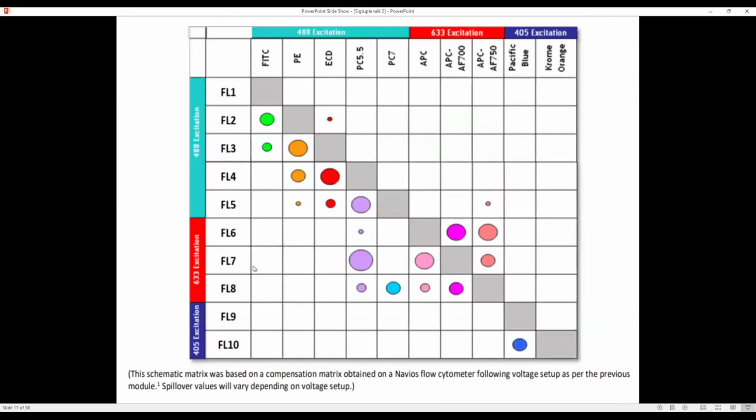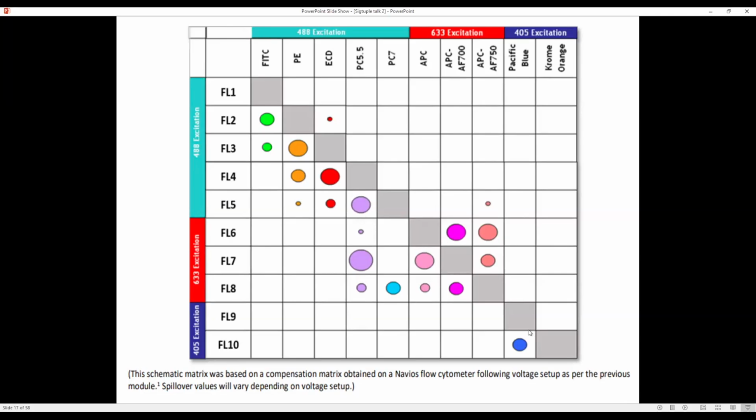I can show you this beautiful spillover table for a 10-color instrument, which is a Navios instrument of Beckman-Coulter. You can see FITC spills into FL2, which is your PE channel, and into the third channel, which is ECD, which is PE-Texas Red. Similarly, PE doesn't spill over into FITC, but it spills over into its tandems, PE-Texas Red, ECD as people call it, and then into PE-Cy5 and PE-Cy7. Similarly, ECD spills into the adjacent channels.